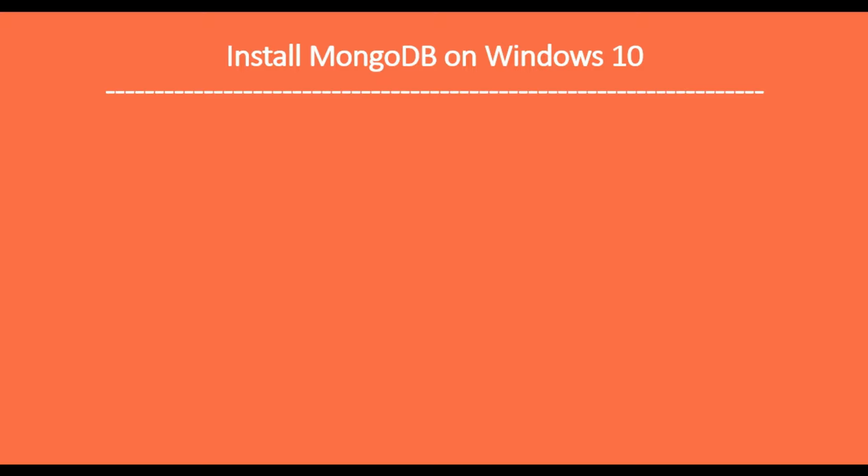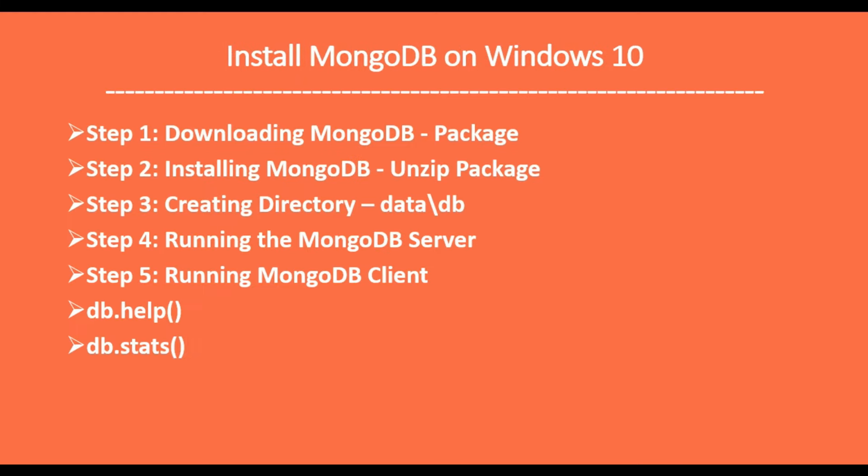Now let's quickly have a look at the MongoDB installation on a Windows 10 machine. We are developing this example on Windows, so I would like to show you how to install MongoDB on Windows 10. There are pretty simple steps. First, we download the MongoDB zip package from the official MongoDB download page.